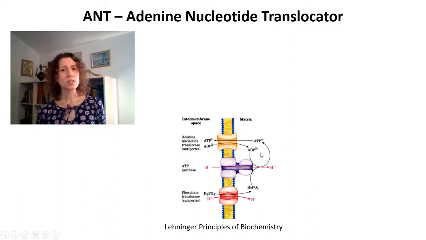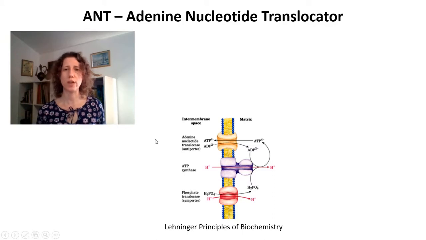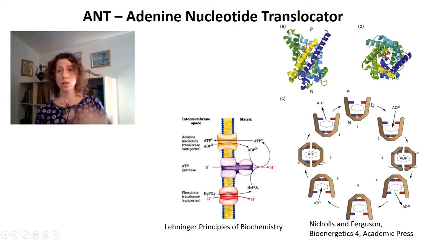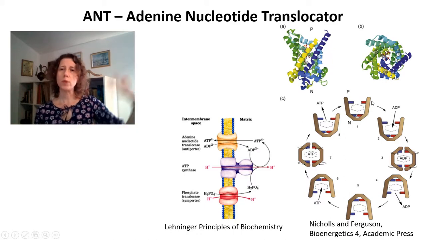Obviously, it's a very necessary transport because the ATP synthase uses ADP to produce ATP inside mitochondria, and most ATP in the cell is going to be used outside mitochondria, so it has to be transported out of the inner mitochondrial membrane. The mechanism for this protein is known because this protein has already been crystallized, so we understand its structure very well. We know that it can face the outer side of the inner mitochondrial membrane, so the intermembrane space side, and here it binds ADP.